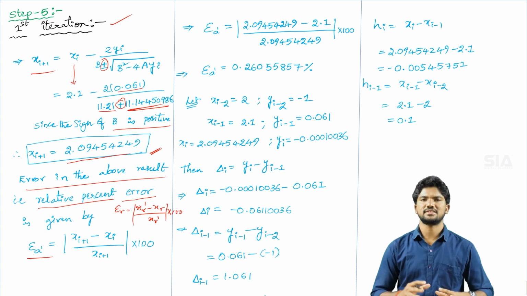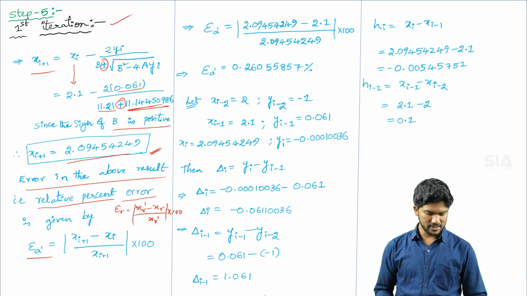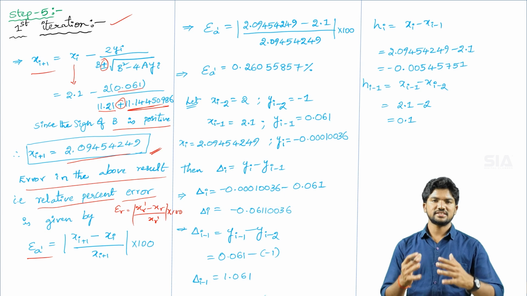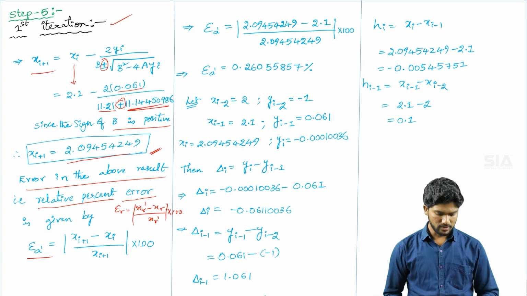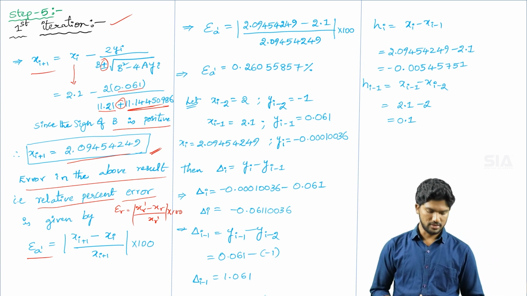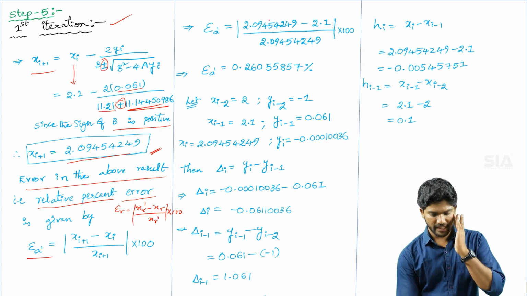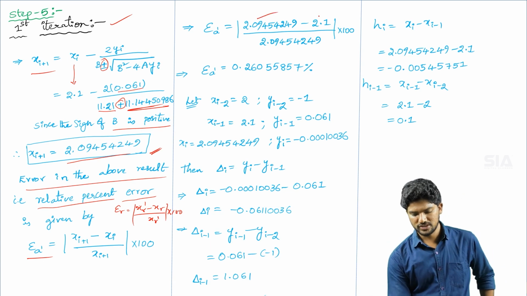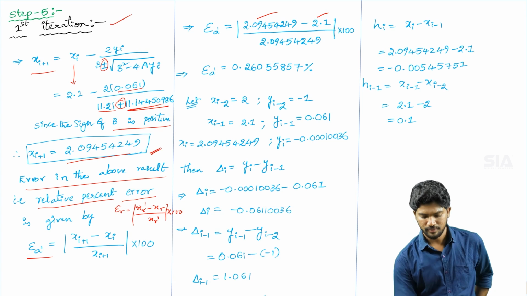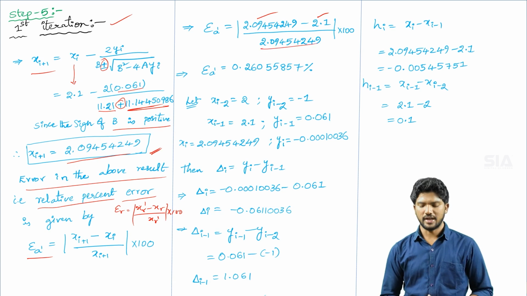Both formulas are the same only. For this method, instead of x suffix r dash, we are using x suffix I plus 1 minus x suffix I by x suffix I plus 1 into 100. Substitute the x suffix I plus 1 value minus the x suffix I value by the x suffix I plus 1 value into 100.